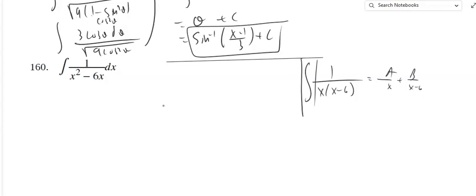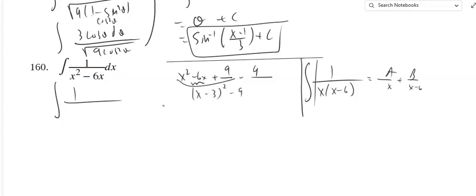For now, we're going to use completing the square because this is an alternative. We're going to say that is x squared minus 6x plus a number minus a number. Take half of the middle number, which is 3, and square it. So this becomes a perfect square.